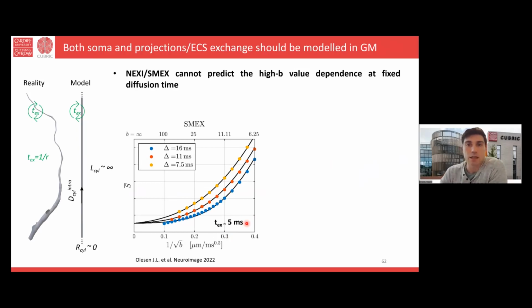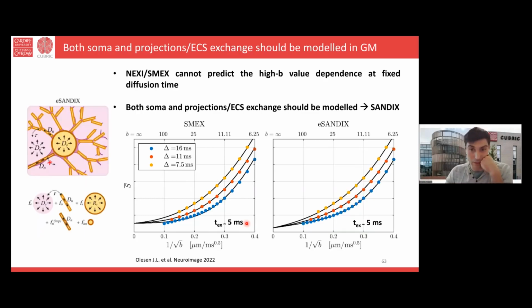So these studies show that it's important to account for exchange, and that when you model gray matter microstructure in vivo and ex vivo, they show different properties, especially in the exchange time, which is much shorter in the ex vivo settings.